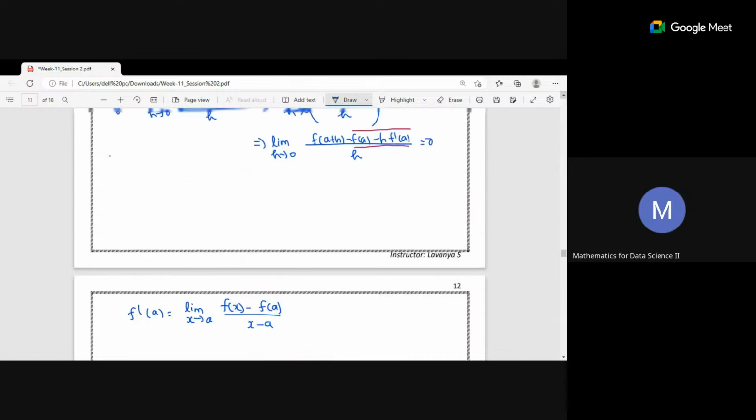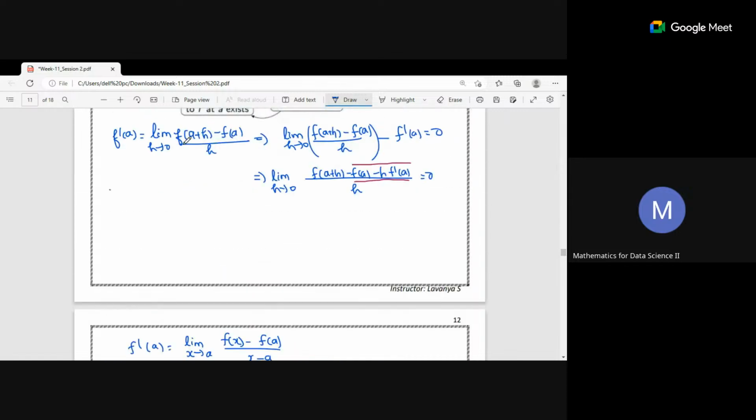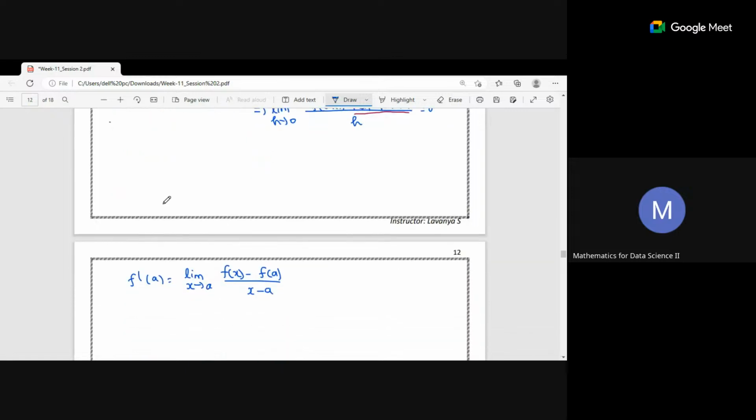Using the same trick as before, multiplying and dividing by h, if you rewrite this term, you will get the limit as x goes to a of (f(x) - f(a) - (x - a) f'(a)) / (x - a) equal to 0. Okay, using the same trick you have used there.